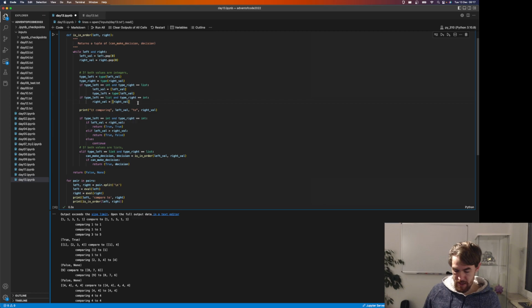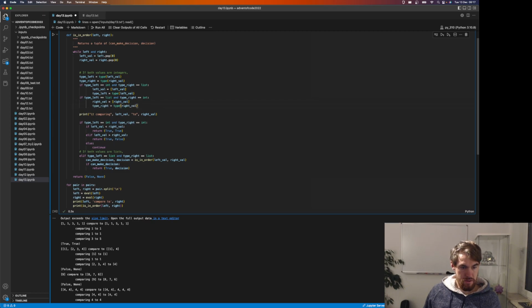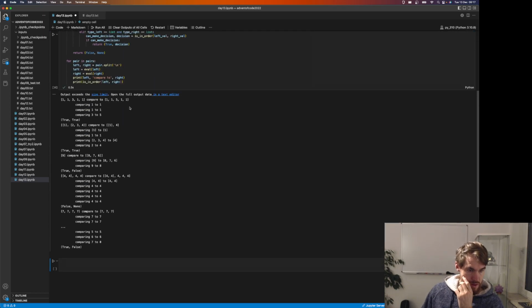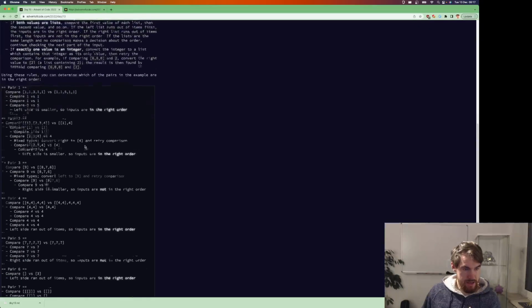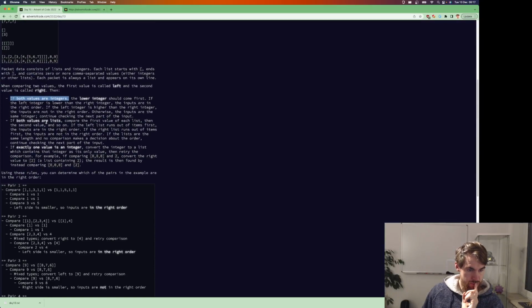Okay, so we update this. Comparing 2 to 4. Then we have one more rule, and that is that things can run out. If the left list runs out of items first, the inputs are in the right order.